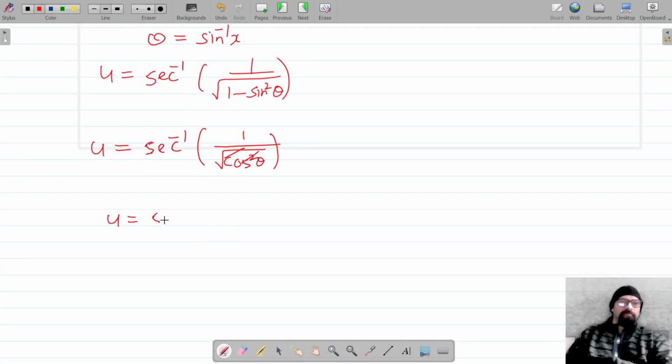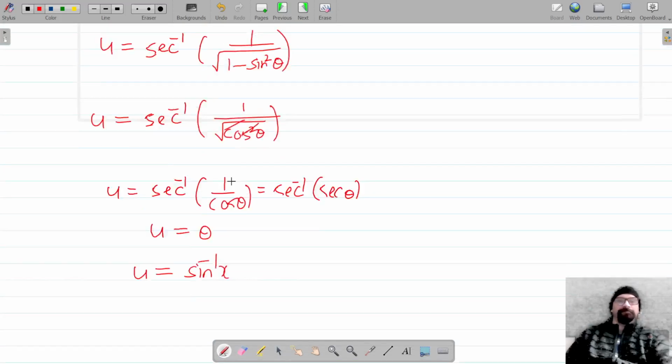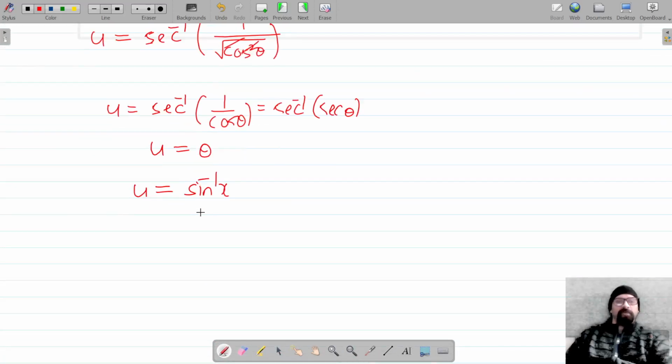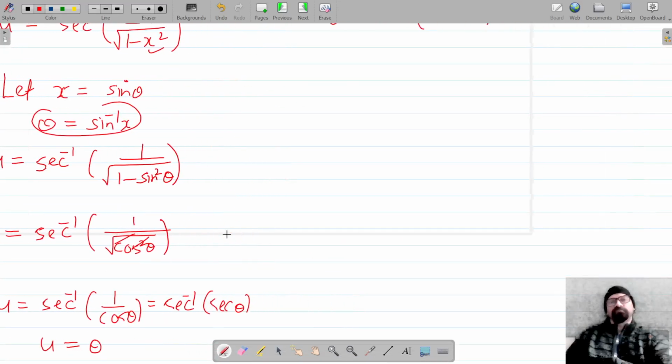Now u is equal to secant inverse of 1 by cos theta, which becomes secant inverse into secant theta, and u is equal to theta. But theta is sine inverse x. Now let's differentiate this with respect to x. So differentiating this with respect to x, we get du by dx is equal to 1 upon under root of 1 minus x squared, the differentiation of sine inverse x.